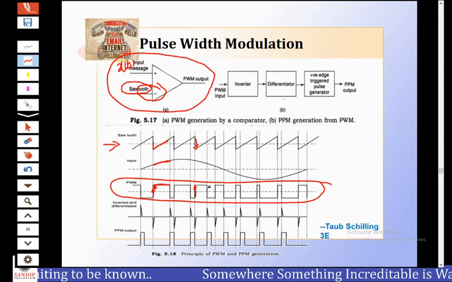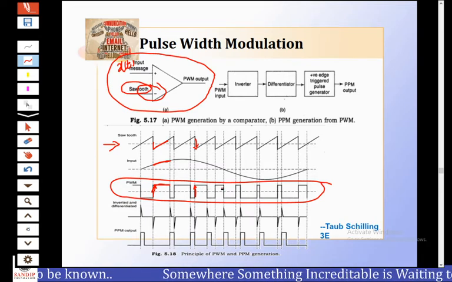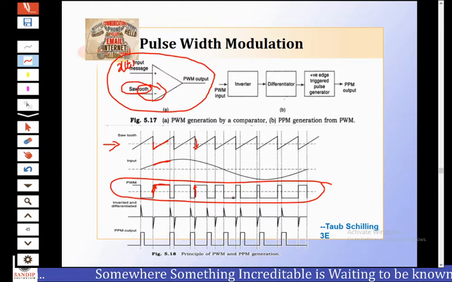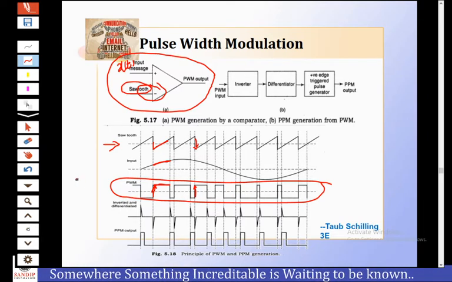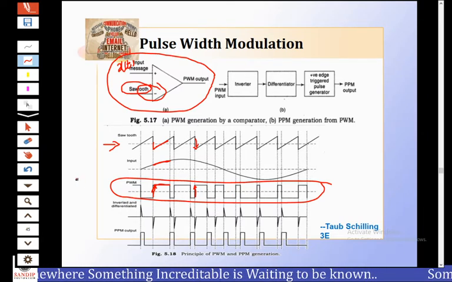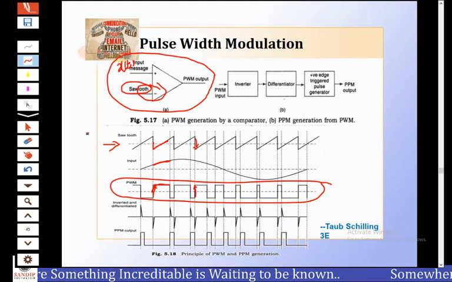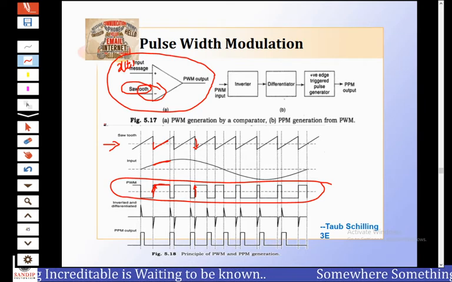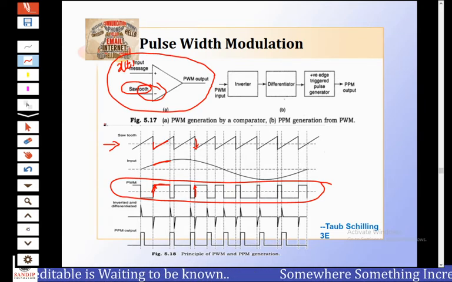Therefore, this PWM signal is said to be trail edge modulated PWM. So this is the generation method of pulse width modulation, that is PWM technique.